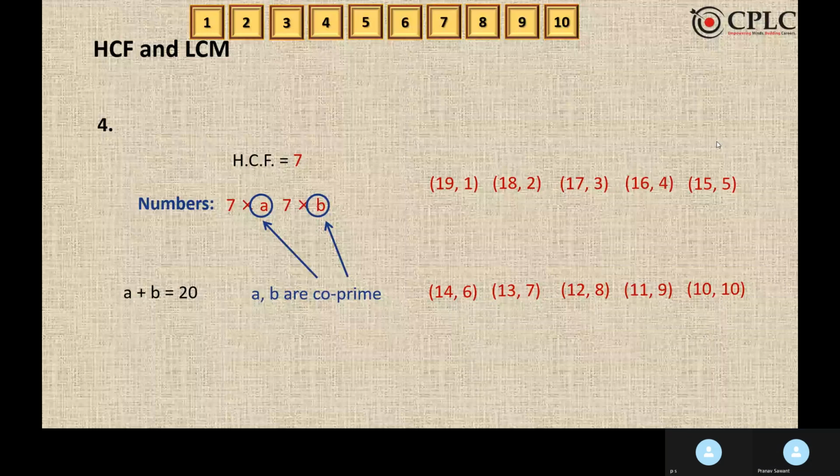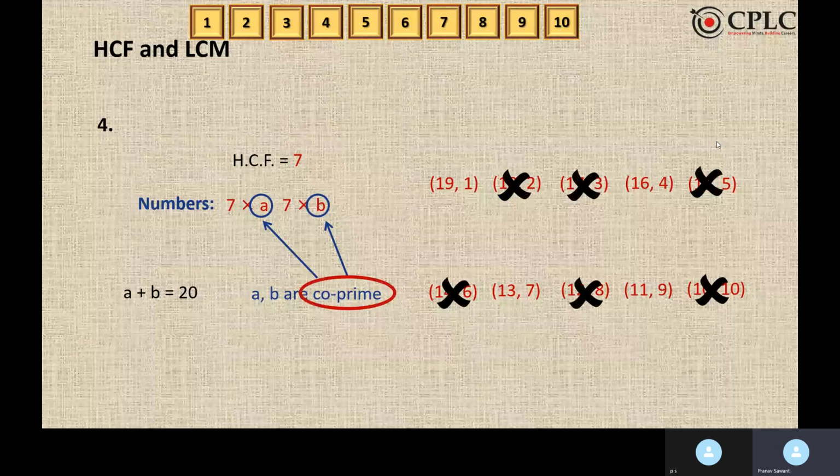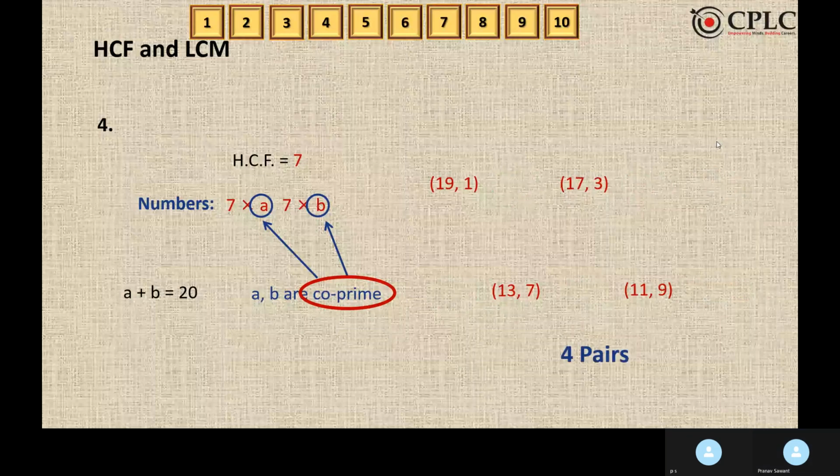But A and B must be co-prime. So we will just pick the pairs which are co-prime. So after eliminating all the non-coprime pairs, we'll be left with 4 pairs: 19, 1, 17, 3, 13, 7, and 11, 9. So we will get 4 such pairs. Hence option 2 is the final answer.